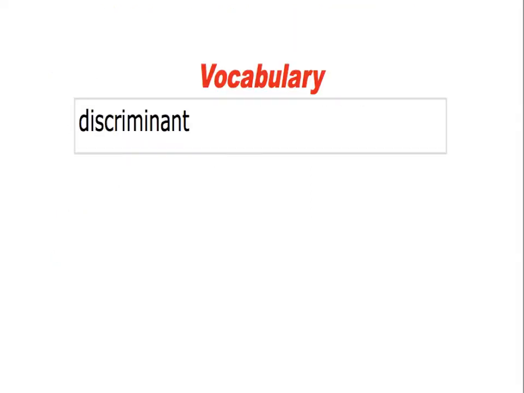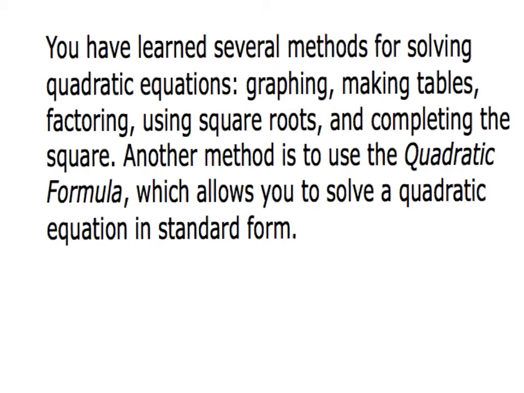Okay, our vocabulary word for today is the word discriminant, and we're going to come back to that in just a little while. Let's begin today by looking back at the methods that we've done so far in order to solve quadratic equations. First of all, we learned to solve them using graphing. We graphed, we looked to find the zeros of a function both on the graph and on a chart.